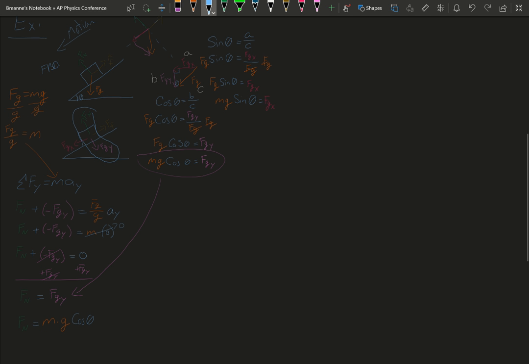Now, starting with that, let's look at the forces in the x direction. And let's solve for acceleration in the x. So what forces are in the x direction?